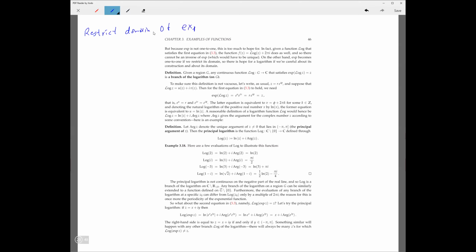That's one option. And typically, what we do is restrict it to the fundamental strip.